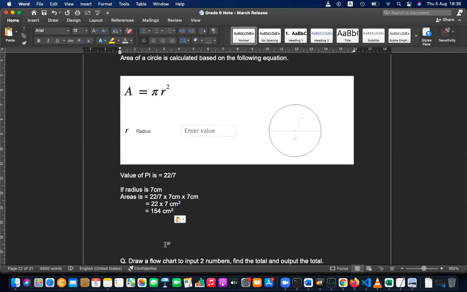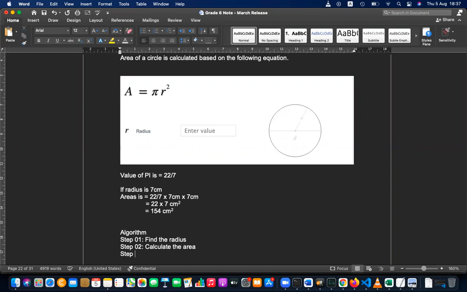But I didn't ask for the equation. I asked how to actually find this. So draw an algorithm. What is the algorithm? Step 1, find the radius. Step 2, calculate the area.